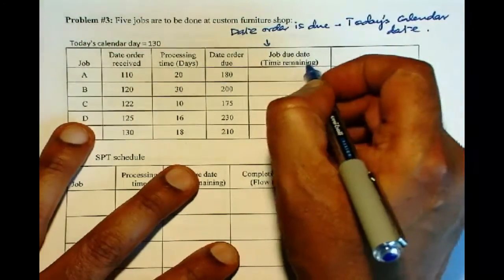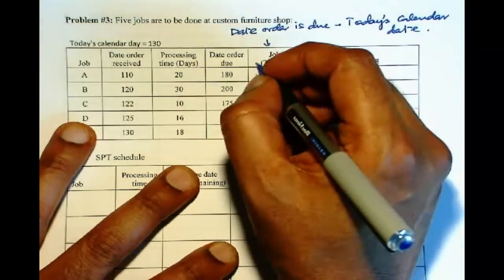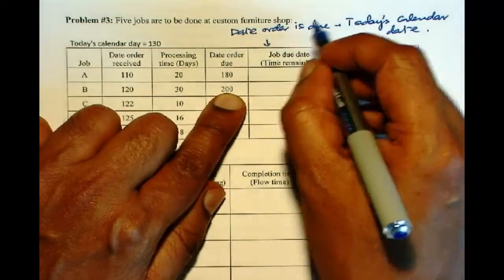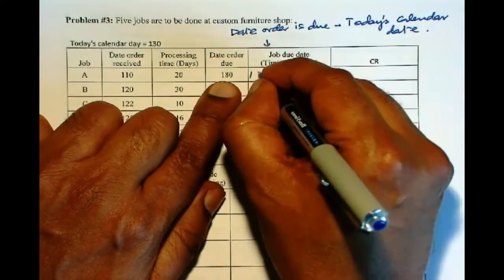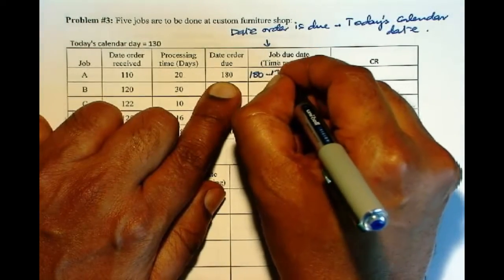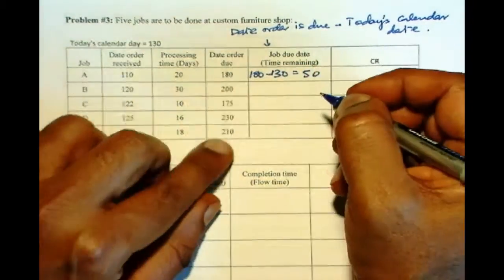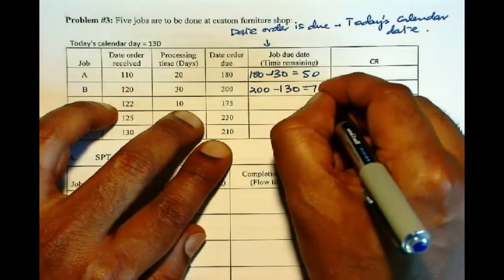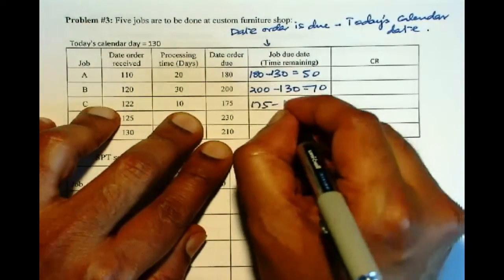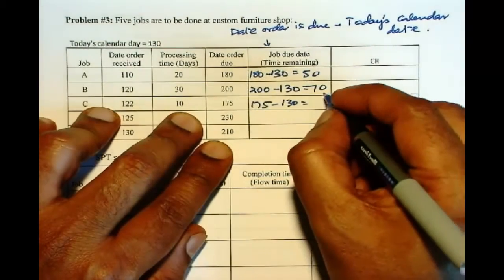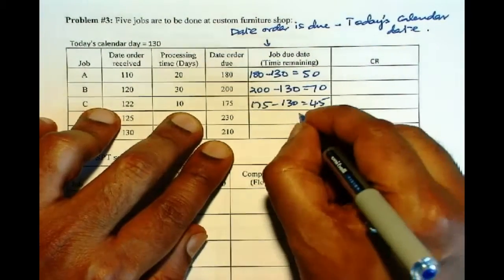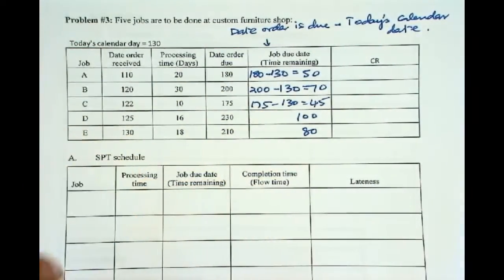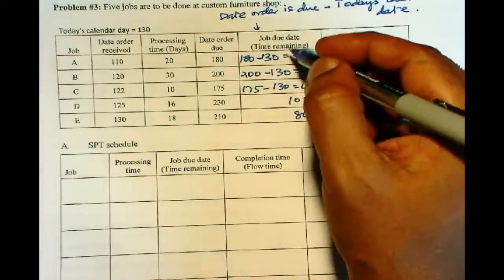Sometimes time remaining will be given, in which case you don't have to do this, like in this PowerPoint slide example, where the due date was given. So the first one is 50, and then 200 minus 130 is 70, and 175 minus 130 is 45, and then 100, and then 80. Now these are the due dates.